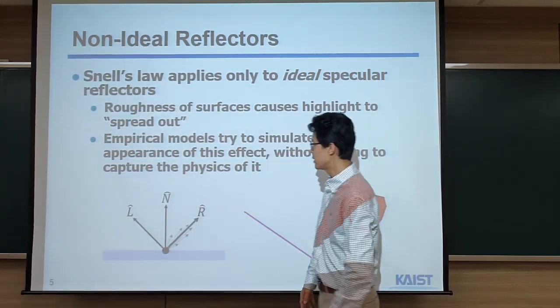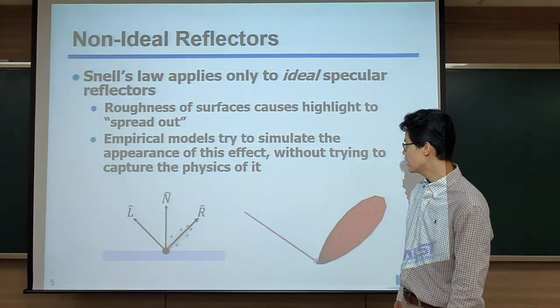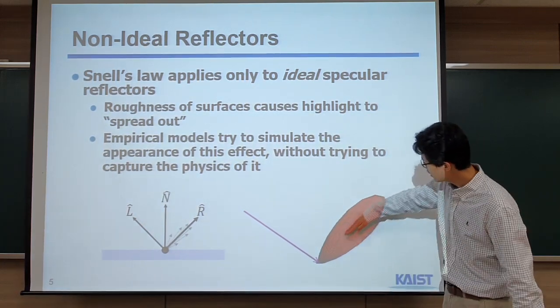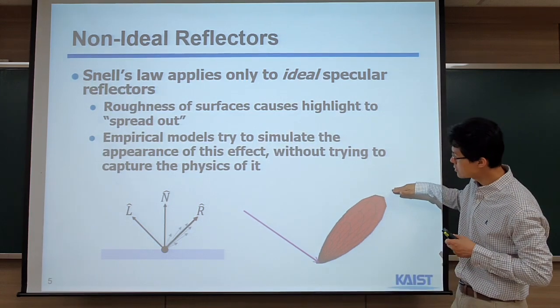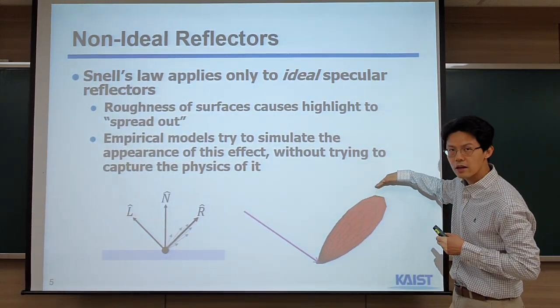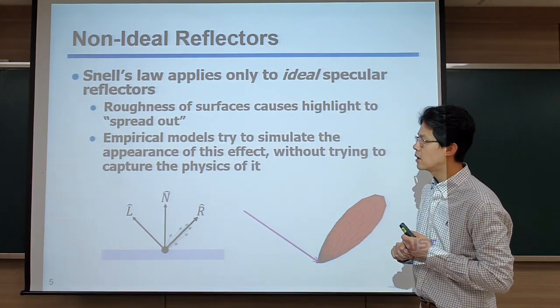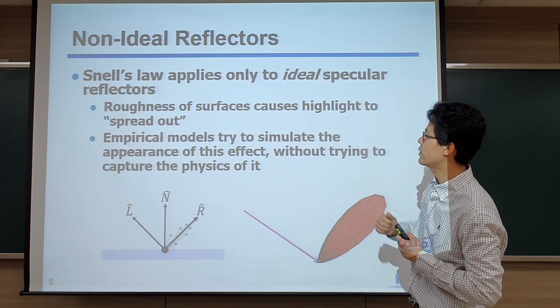If you visualize how much energy this material reflects, along the ideal reflection vector we get high energy, but the energy gradually goes down. So in a lot of cases we are getting this kind of non-ideal reflection.